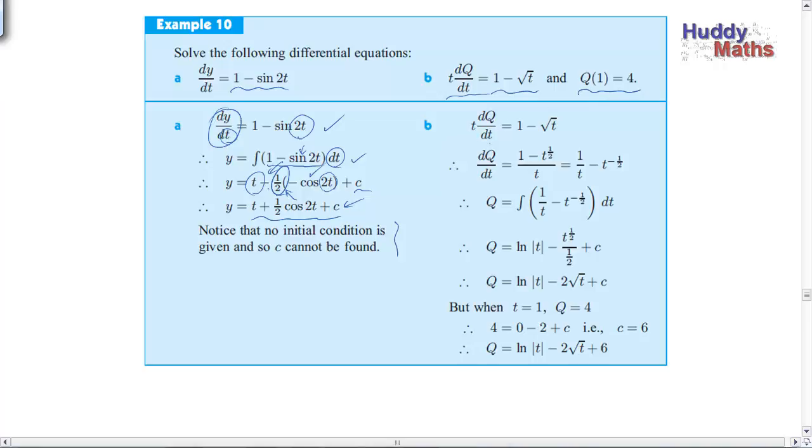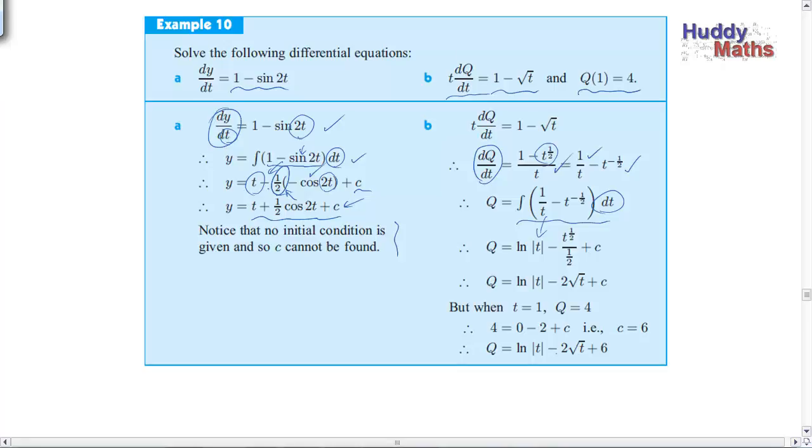So here let's rearrange this and get dq by dt by itself. So dividing by t, change it to 1 on t, and root t is t to the half over t, subtraction of powers, negative t to the negative half. So integrating it, you want the integral of this. We've changed the variable to t, that's what that's saying, d with respect to t, and then what can we do?